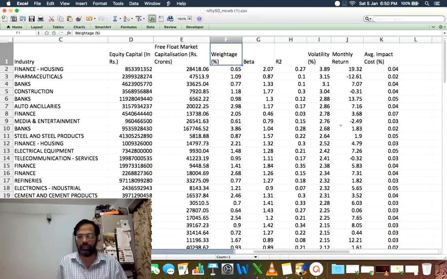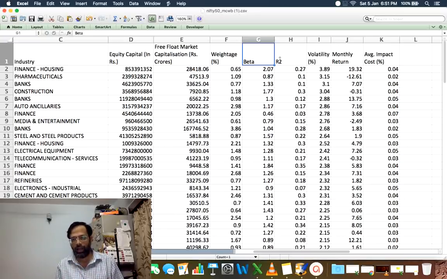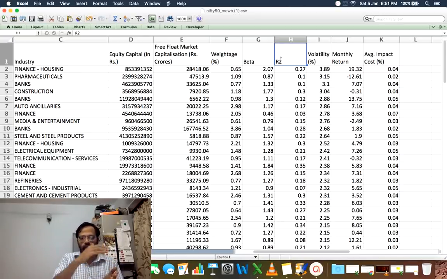One is known as beta. Beta essentially means how volatile the stock is when you compare it with the index. And R2, or R squared as it's called, tells you how much the movement of a stock is correlated with the movement of an index. So it's a kind of a correlation coefficient.